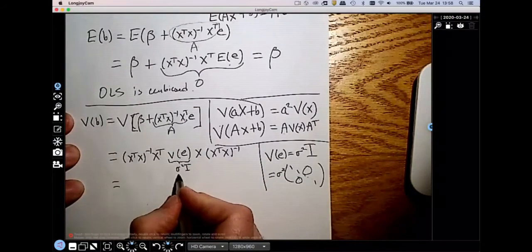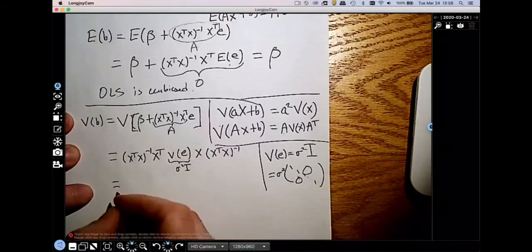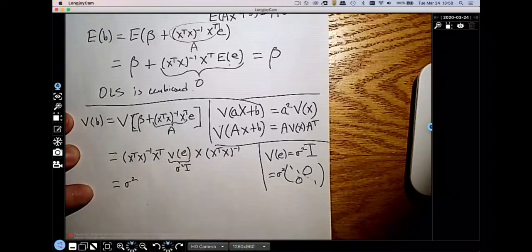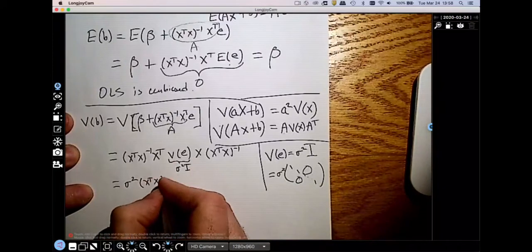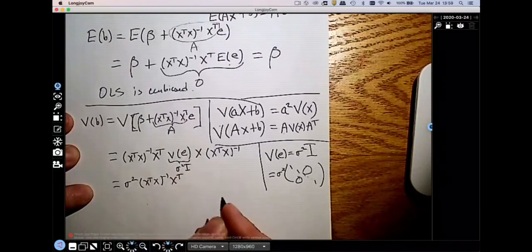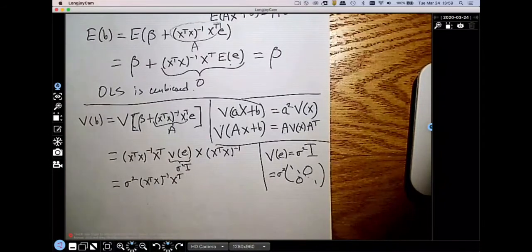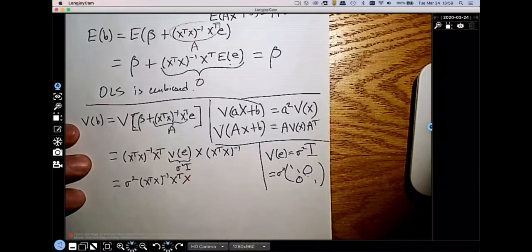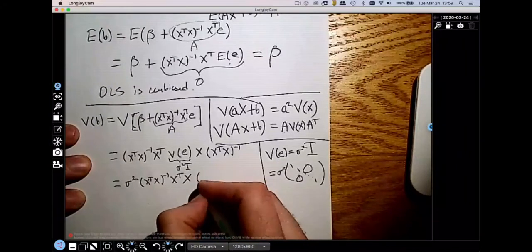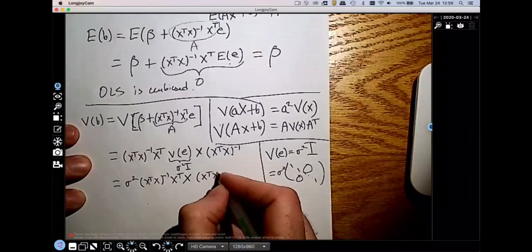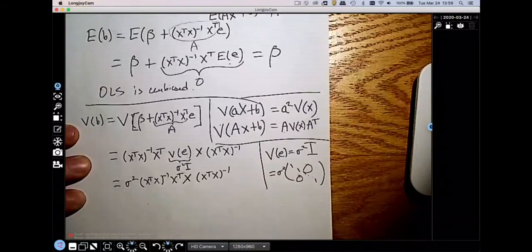So this is a scalar, or just a number, so we can bring that thing out in front. Then we have X transpose X inverse X transpose. Then we get the identity, but that's just like sticking a 1 in there, so that goes away. We just ignore a 1. X transpose X, and then X transpose X inverse.